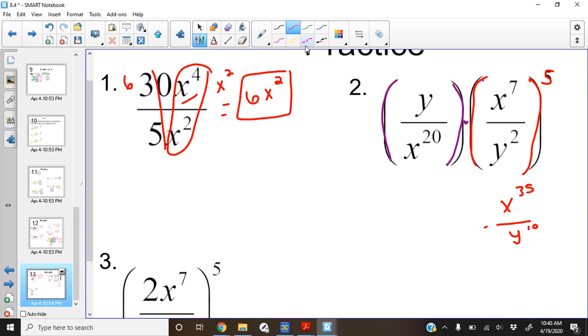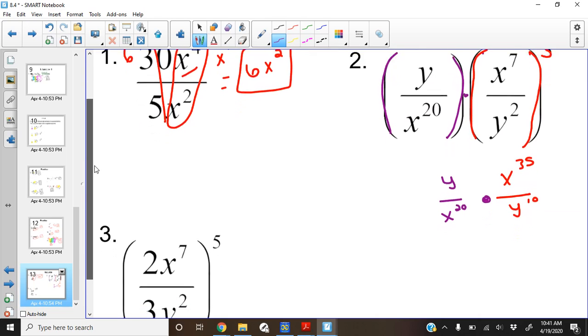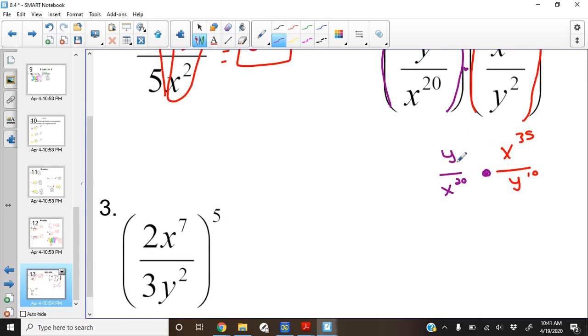And then you multiply by that purple fraction of y over x to the 20th. And when you multiply those, okay, love this problem. Two different ways you can approach it. You can just multiply horizontally if you'd like, but you can also cross cancel.